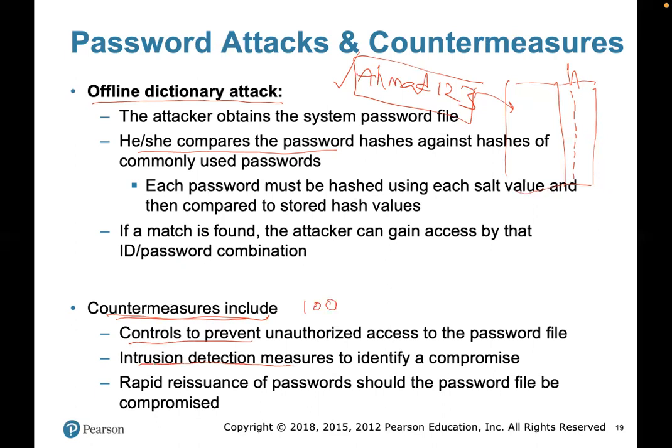Another countermeasure is rapid reissuance of passwords if the password file is compromised. If I know that the password file is compromised, one easy thing is to quickly email all the users and ask them to change their password.